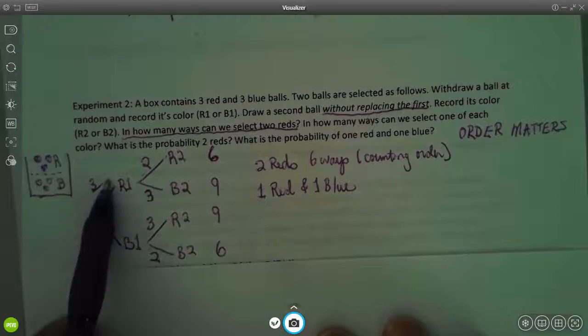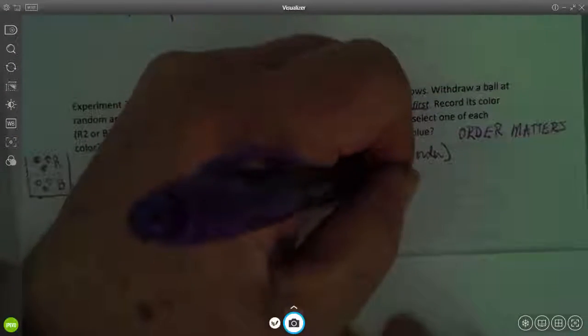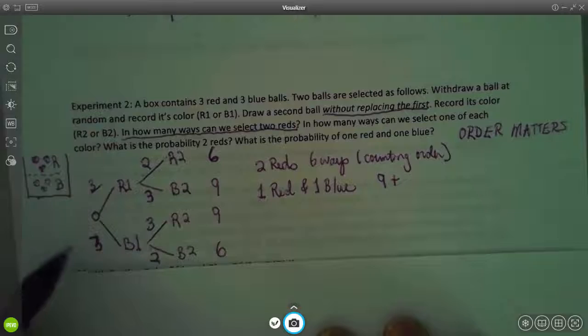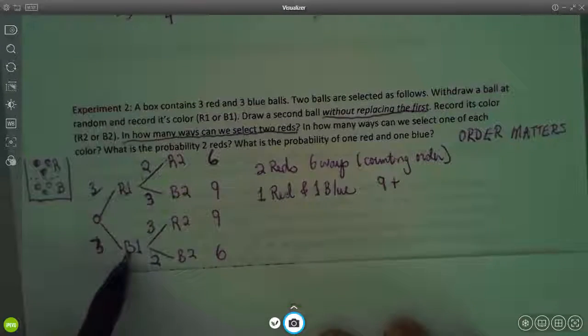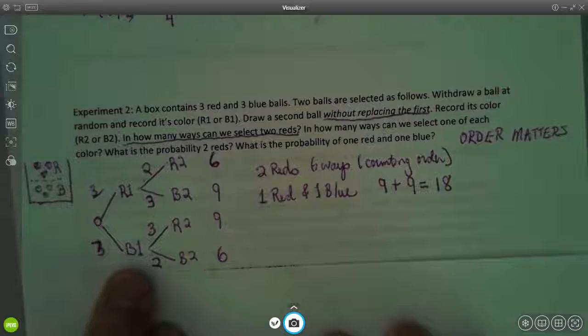There are 3 times 3 ways of getting a red followed by a blue, 9, plus 3 times 3 ways of getting a blue followed by a red. There's another 9. So 18 ways of getting 1 red and 1 blue if the order counts.